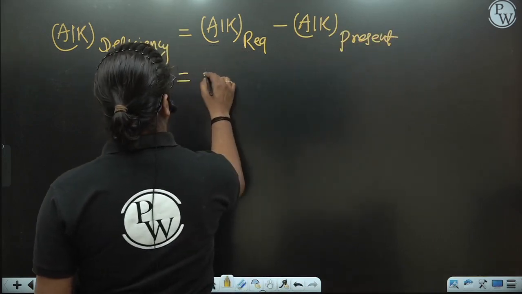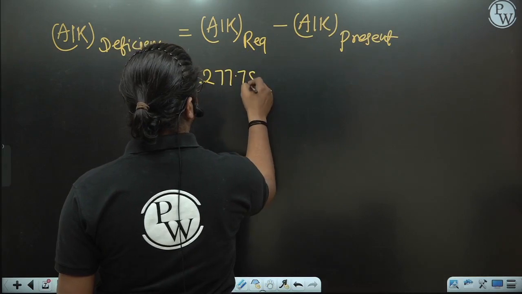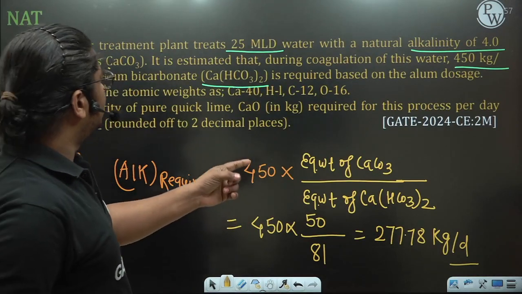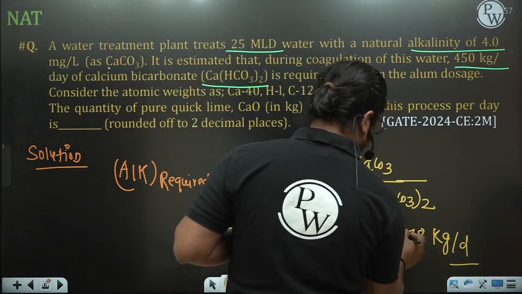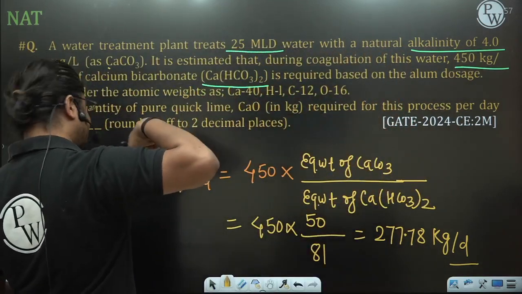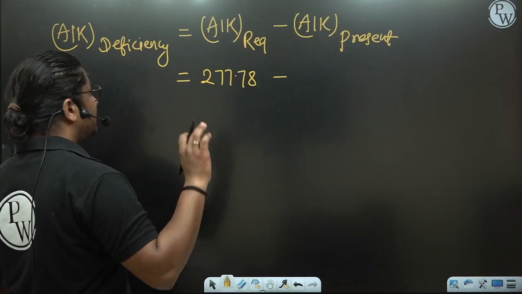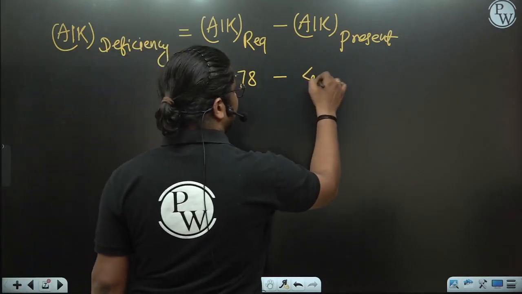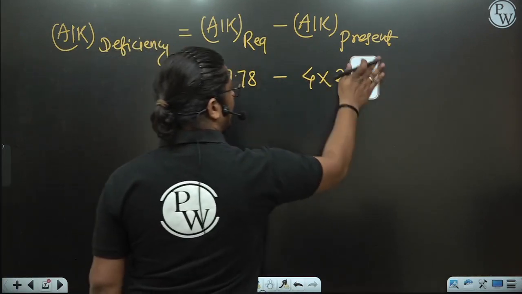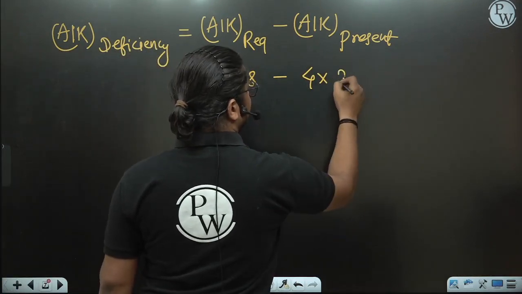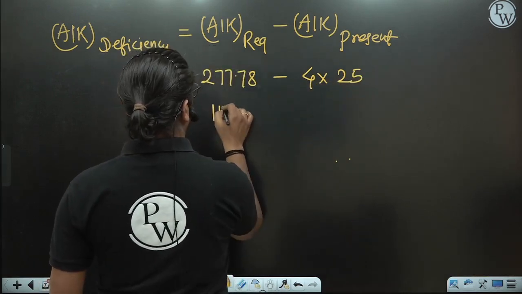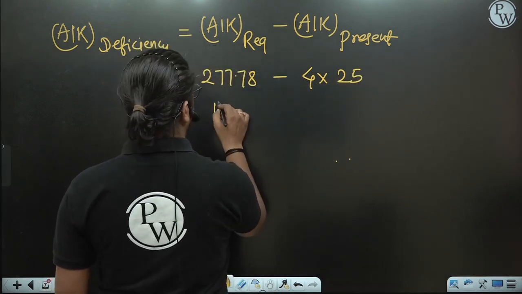So required is 277.78 according to my calculation. Minus, we have 4 milligram per liter which is already present, but that is in milligram per liter. We want it in kg per day. So you know how to convert it. Basically multiply with the discharge in MLD. So after this we got 177 maybe.